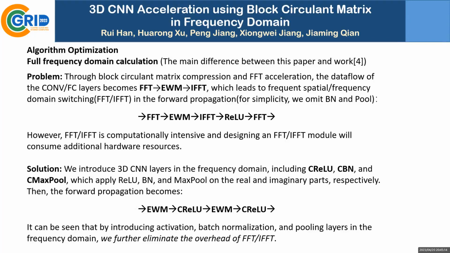It can be seen that by introducing activation, batch normalization, and pooling layers in the frequency domain, we further eliminate the overhead of FFT and IFFT, and realize the full frequency domain calculation, which is also the main difference between this paper and work 4.